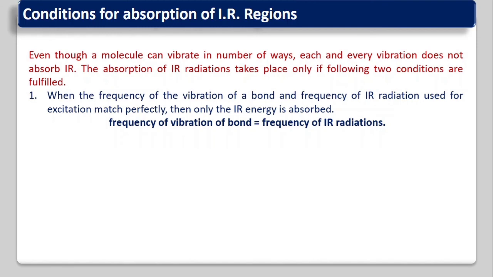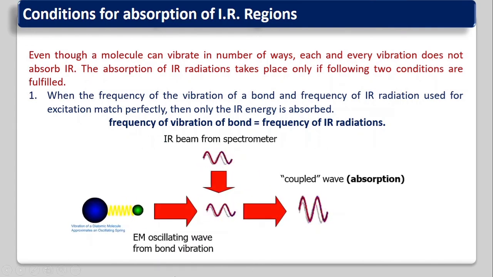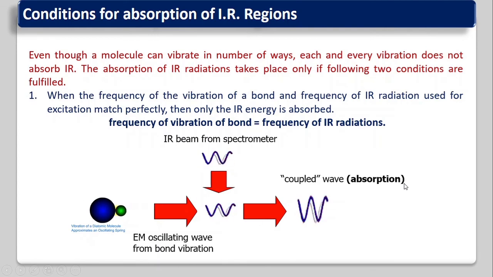The frequency of the vibrations of the bond should be equal to the frequency of the IR radiations, then only absorption will take place. See here, these are the vibrating bond, vibrating atoms. This is the frequency of vibration of the bond. If that perfectly matches with the frequency of the IR radiations, then only coupling will be formed and absorption of that particular radiation, particular frequency, particular wave number will take place.